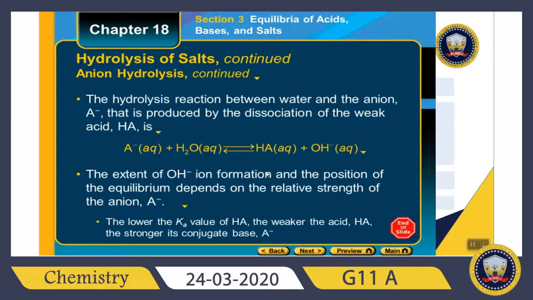So again, case 1, reaction between strong acid and strong base. Case 2, weak acid and weak base. In these two cases, there is no change in the pH. Why? Because the degree of ionization is constant and equal. Case 3, a reaction between weak acid and strong base, what happens?